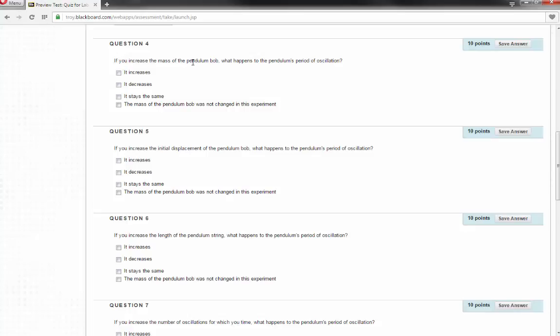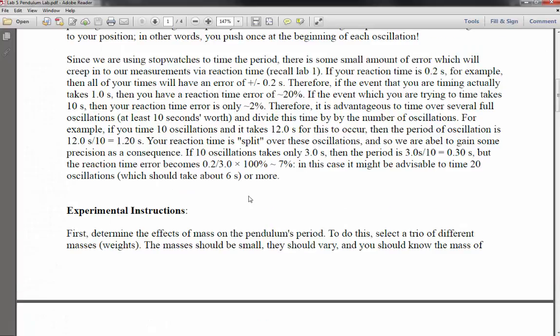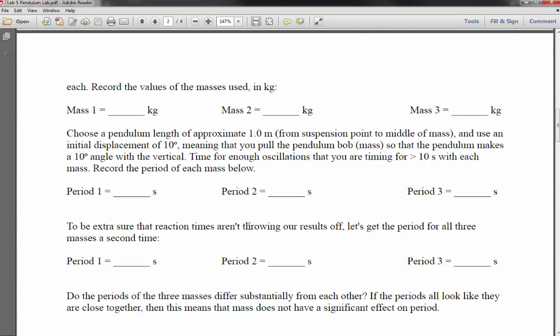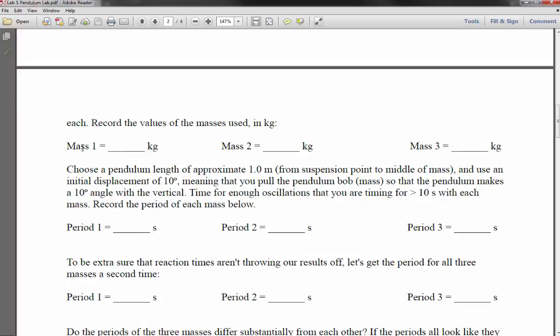If you increase the mass of the pendulum bob, what happens to the pendulum's period of oscillation? Okay, you have to actually do the experiment here to see what happens when you increase these different parameters. There is, however, a bit of a hint implied in these instructions. Namely, you don't do a whole lot of changes to the mass.